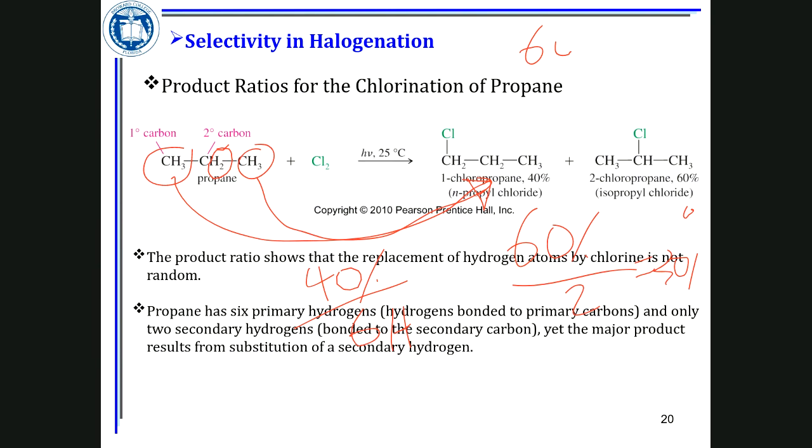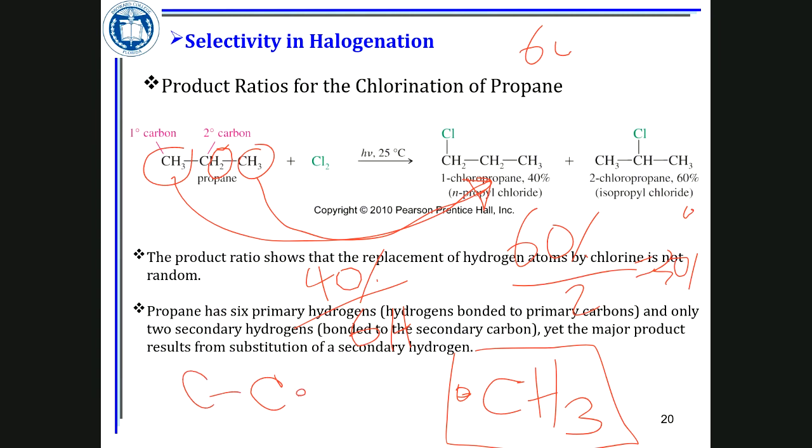After you finish chapter 4, you're not going to do any of this calculation, but you would always use the fact that a tertiary free radical is a lot more stable than secondary, more stable than primary, and primary is more stable than a methyl free radical, because that's different from primary. This is a methyl radical. That means there is no carbon attached to this free radical, but if you have one carbon attached, this is a primary.